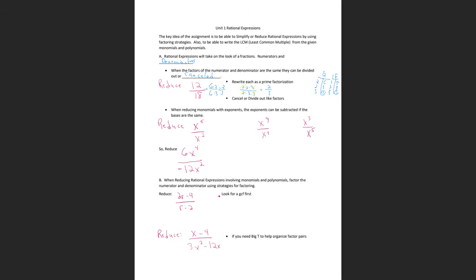Something else we want to mention is in working with monomials with exponents, the exponents can actually be subtracted if the bases are the same. Notice how if we have x to the 5th divided by x squared, I can see this as x times x times x times x times x on the top, because that exponent means there's 5 x's multiplied together, and x squared means there's 2 x's multiplied together on the bottom.